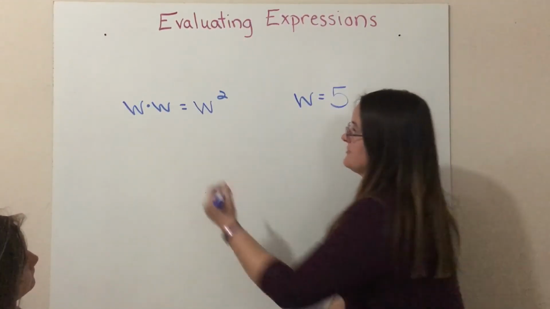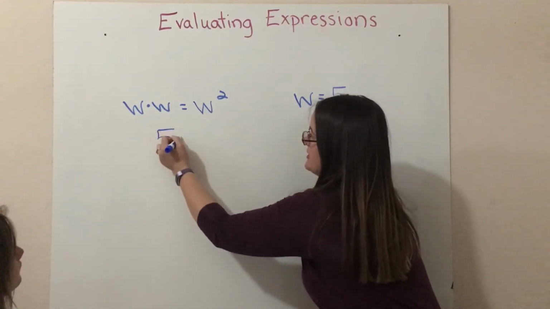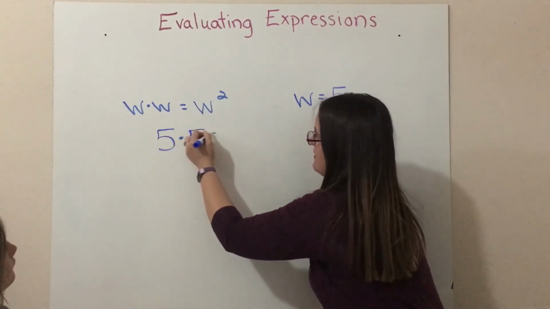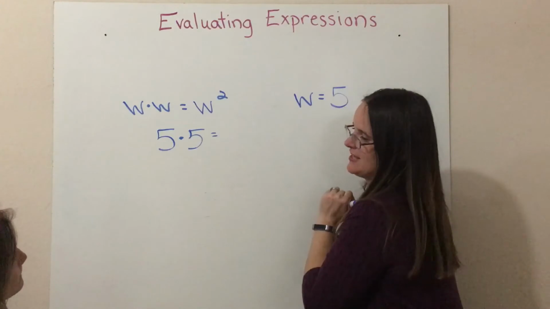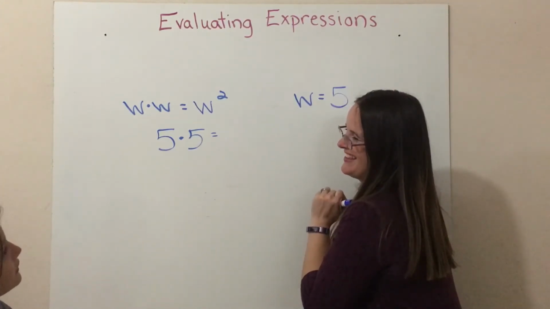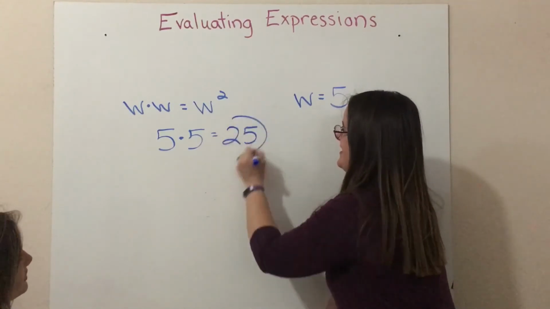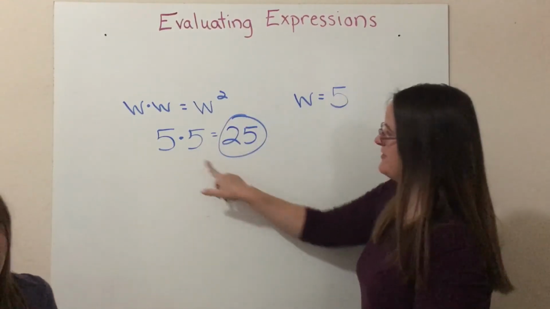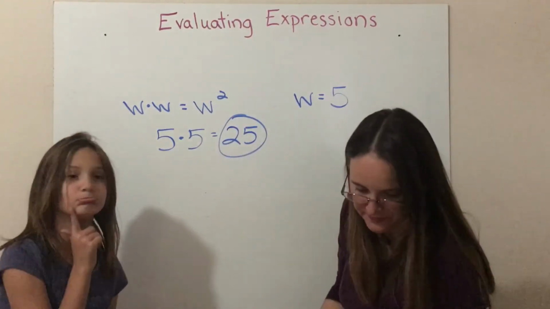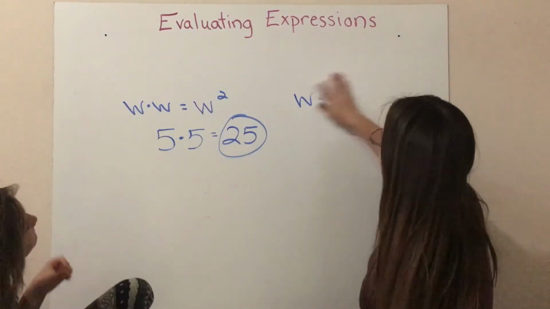So if W is 5, what we're really saying here is what is 5 times 5? 25, you got it. 5 times 5 is 25.